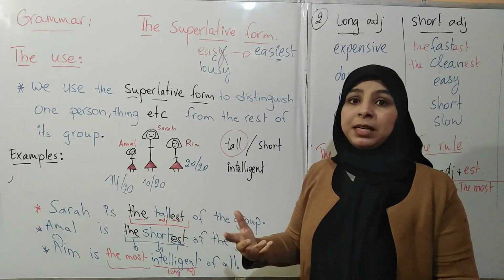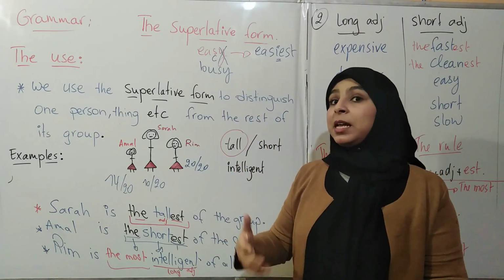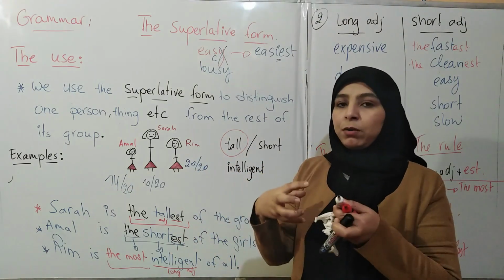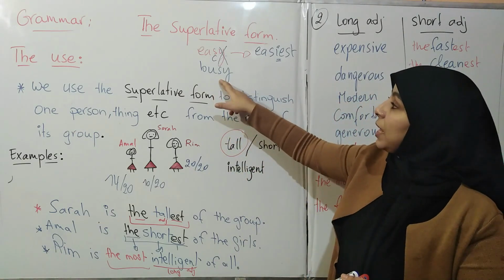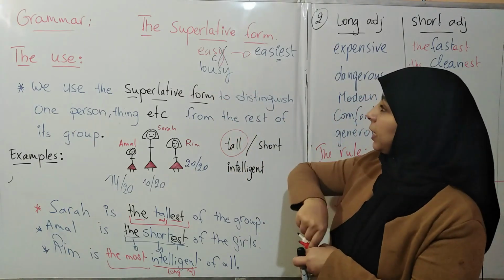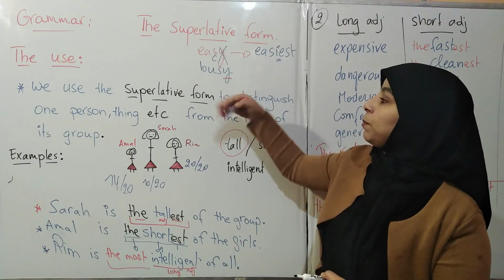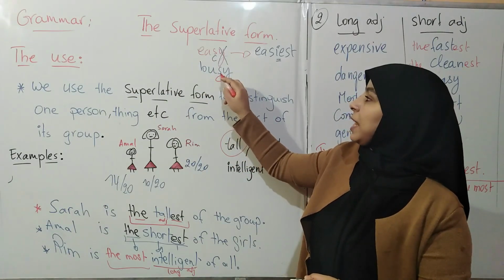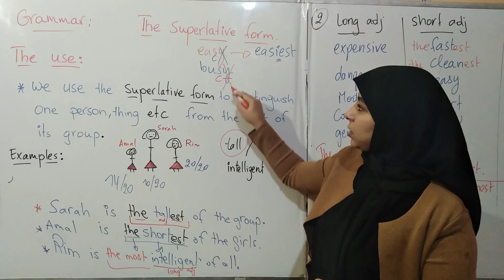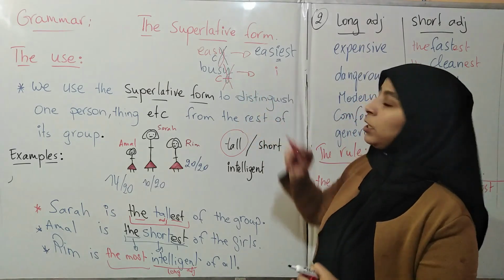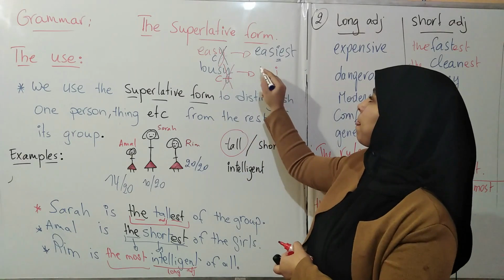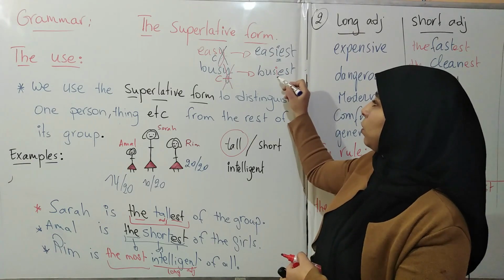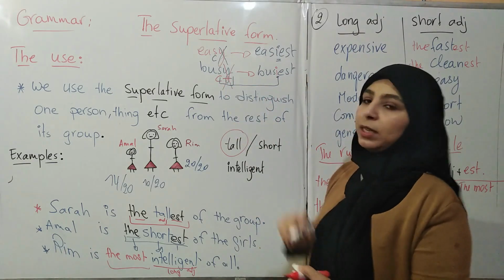Yes, busy means someone who doesn't have time, or we can use it also for an area. So this area is very busy, it's very crowded. Busy ends with y. It's clear, this one. And before it is a consonant, which is s. Now here, we drop it and we replace it with i. And we write busiest. So this one instead of this one.